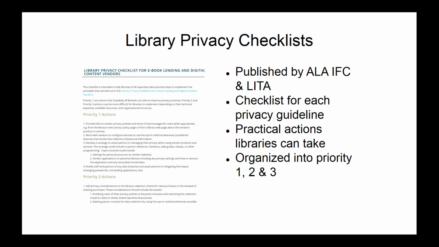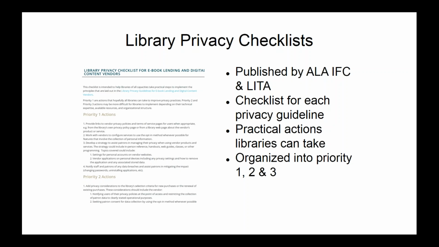So the Intellectual Freedom Committee teamed up with LITA, the Library Information Technology Association, inside of ALA. Volunteers from both groups worked on a set of checklists for each guideline, focusing on actions that libraries can take. We organized the actions into 3 priority groups.